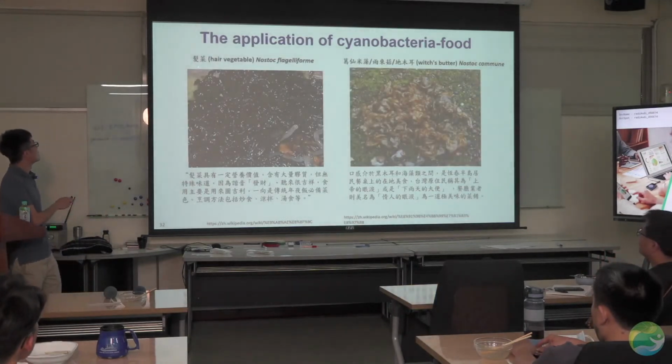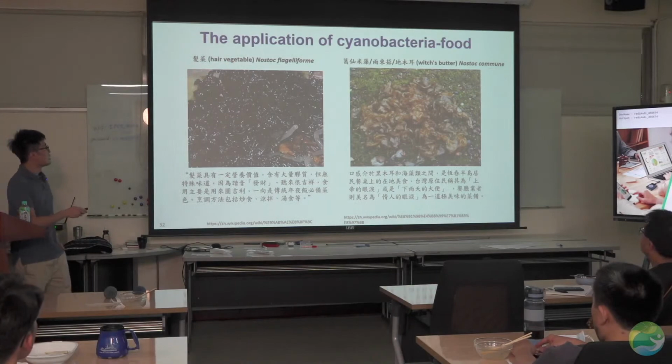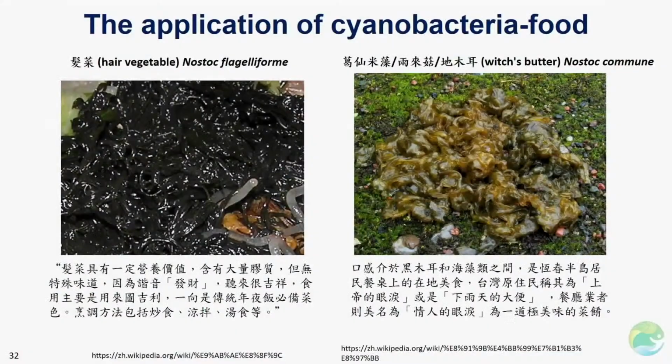They are 法菜 and 地木耳. The 法菜 is just called hair vegetable, and 地木耳, 葛仙米藻, 雨来菇, and 地木耳 have very different English names.